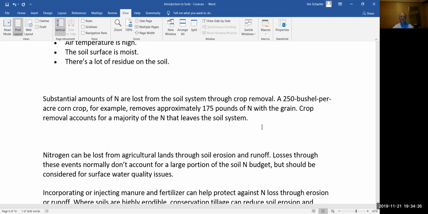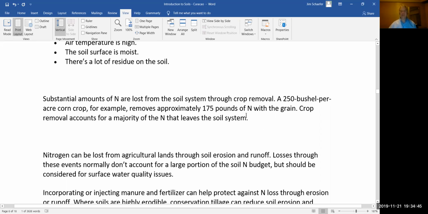So we have this example here in the document about corn. As we mentioned, corn is a hungry consumer of nitrogen.